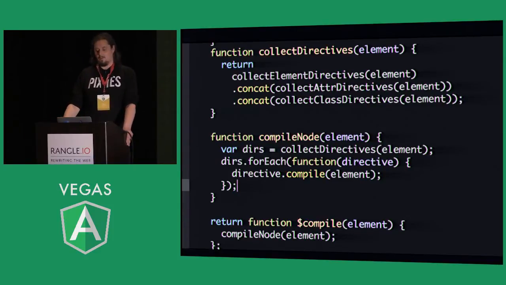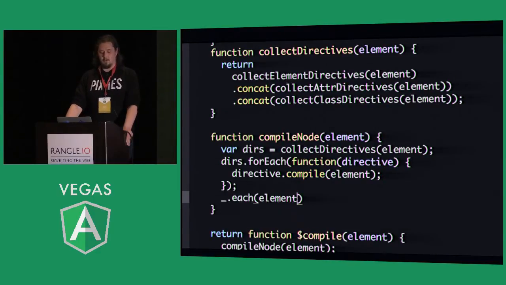But before we are done with compilation, we should talk about the fact that when you actually give an element to the compile service, you don't expect it to just compile that single element, but all of its descendants as well. So we need to actually go into the child nodes here as well and compile them too. That's fairly simple to do now that we have this compile node function, because we can just loop over the child nodes and recursively invoke compile node for each of them.